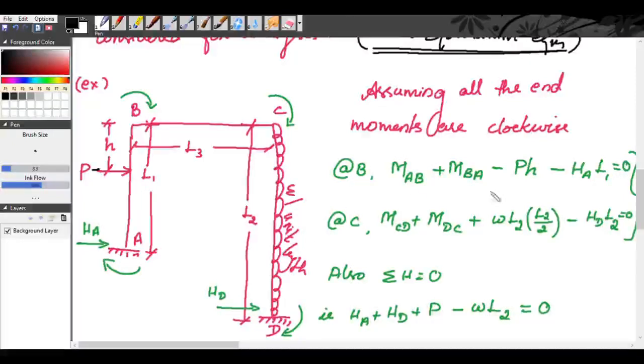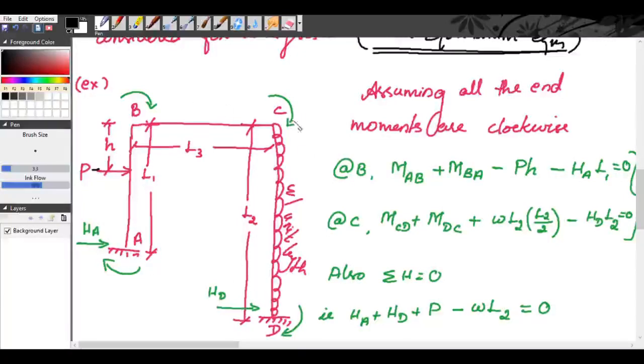Just for understanding purposes, we assume every joint moment, the final joint moments, is clockwise. And since there are horizontal loadings, you will have horizontal reactions. So we assume the horizontal reactions are towards the right. It may be towards the right or it may be towards the left, but let us assume it is towards the right.